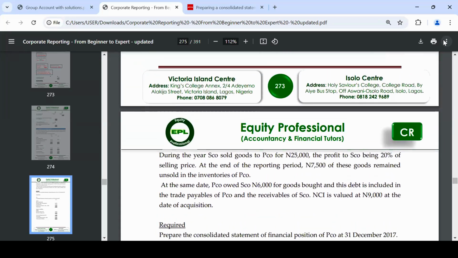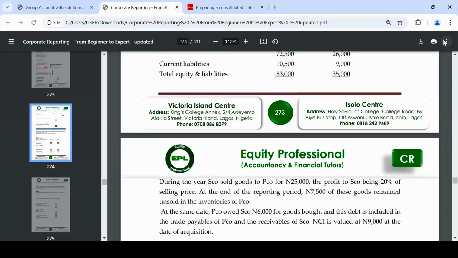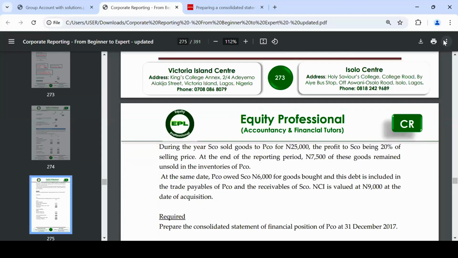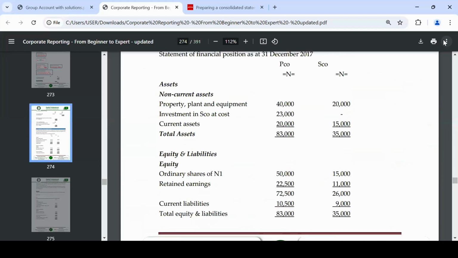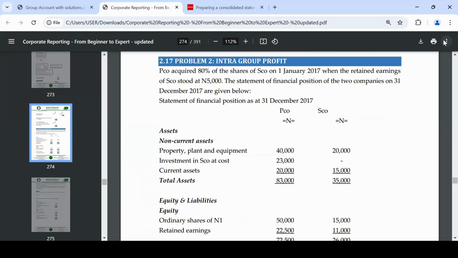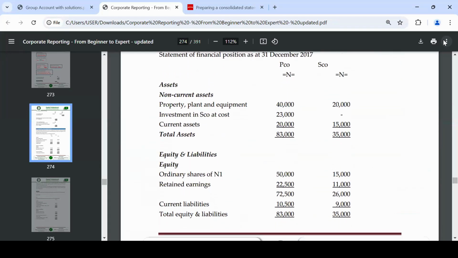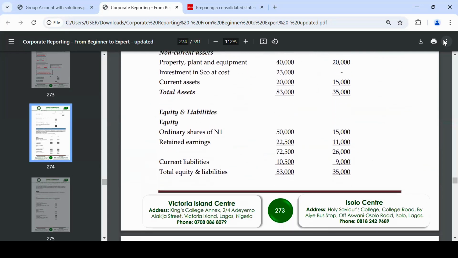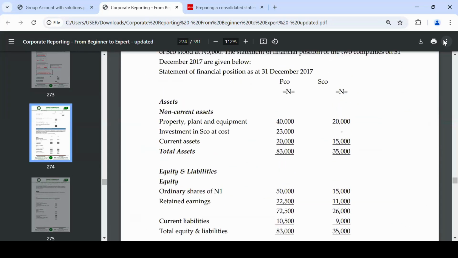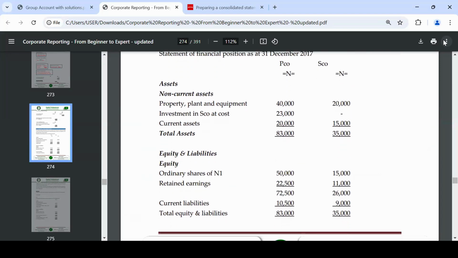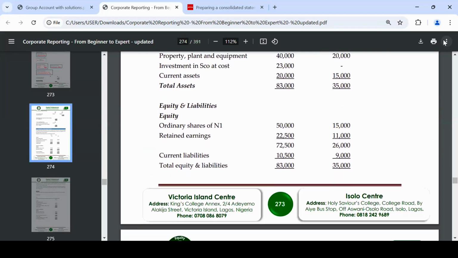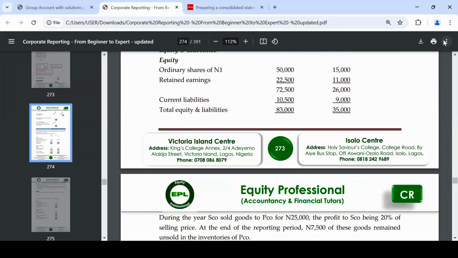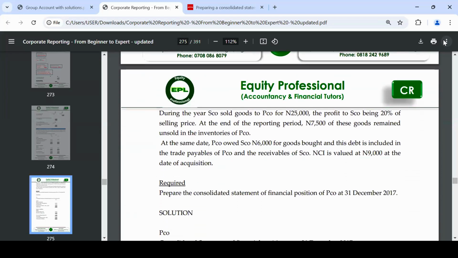We'll cancel it from the current assets of, who did they say, but PICO owed ESCO, okay? We cancel it out from the current asset of ESCO, remove 6,000 from that 15,000 before we add 20,000. And the current liabilities of PICO, we remove 6,000 from that 10,500 before we add to that 9,000. That one is straightforward, okay?